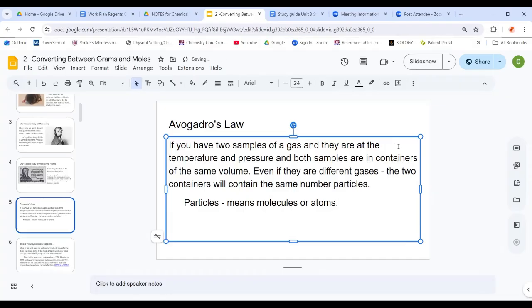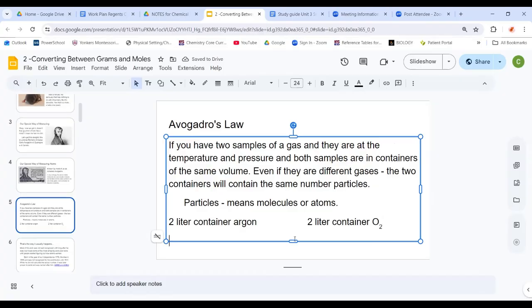So, for example, a 2-liter container of argon and a 2-liter container of oxygen both contain the same number of particles.